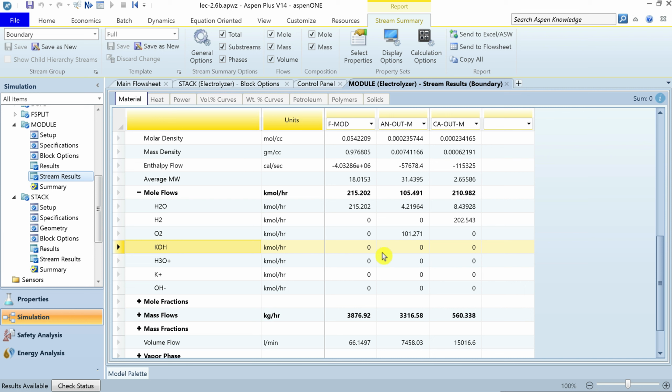You can also consider that the flow rate of the inlet stream has been altered from the specifications, since in this case we have defined that for 20 megawatt power, calculate the makeup water. So the makeup water for this case will be 215.2 kilomoles per hour to produce 210.98 cathode and 105.49 anode product streams with 96% purity of each product gas.